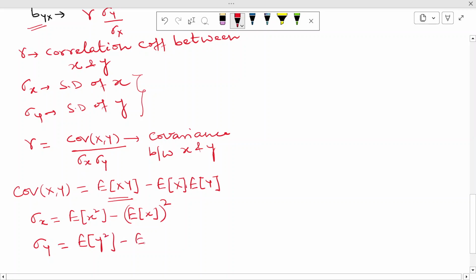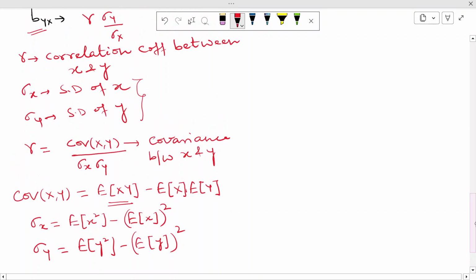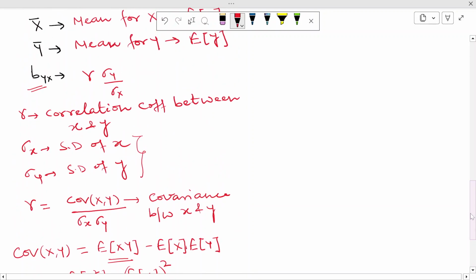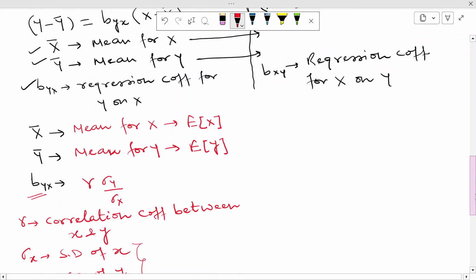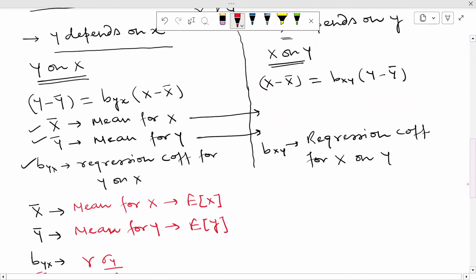So we have to calculate the expectations of x, y, x square and y square, so that we can find the standard deviations for x and y. Once we have all this information, we can easily calculate the regression coefficient, and once we have the regression coefficient and the means, we can easily obtain these regression lines.